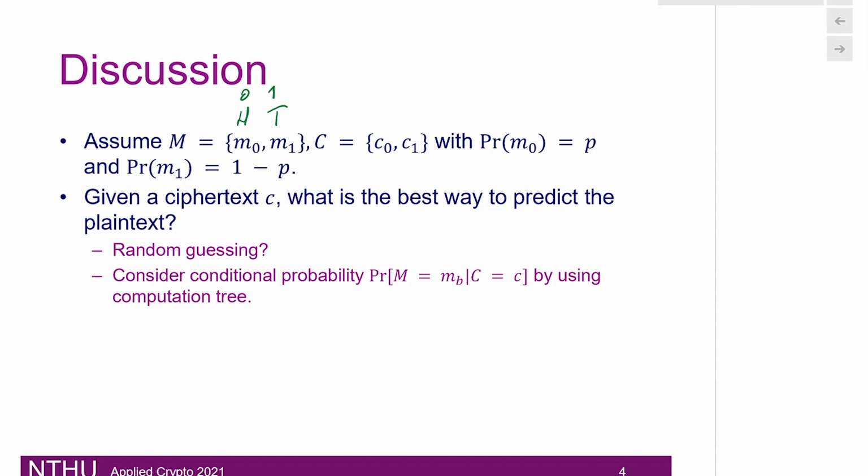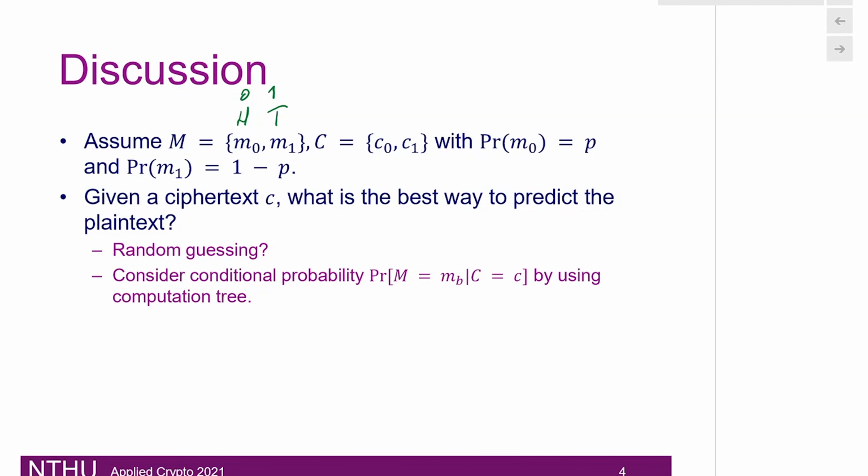Somebody would draw a message M0 with probability P, and somebody would draw a message M1 from this message space with probability 1 minus P. So we just define P and 1 minus P. You can define P and do the exact computation, but we just try to stick to a generic way, and we would be able to solve it for any P.